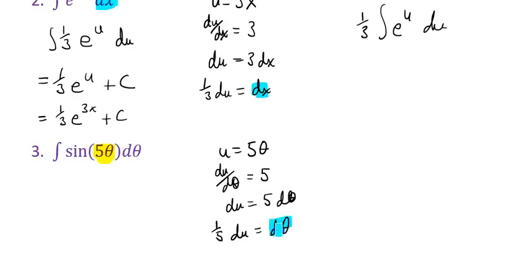So I'm going to take the d theta out of the problem and replace it with 1/5 du. This time I'll write that 1/5 out front and just show you that that's okay. So I'm replacing d theta with 1/5 du. Then I have sine of 5 theta, but I'm going to replace the 5 theta with u.